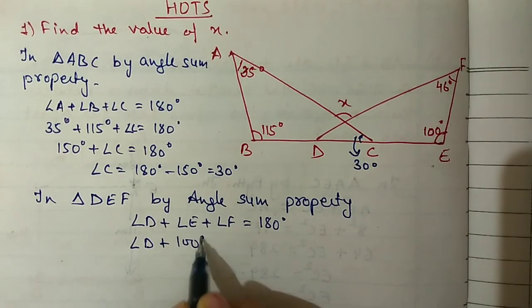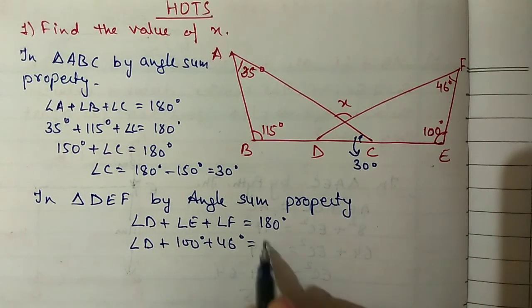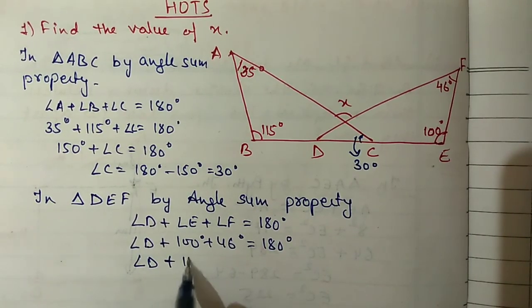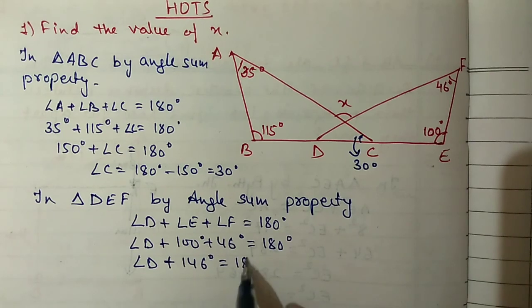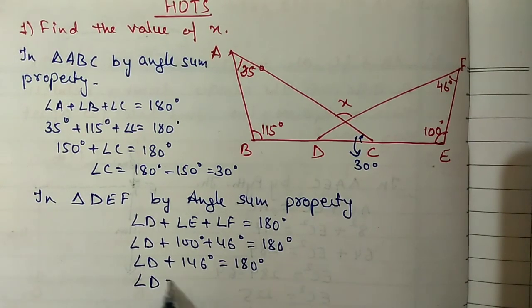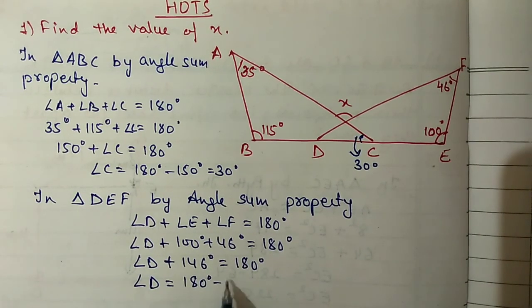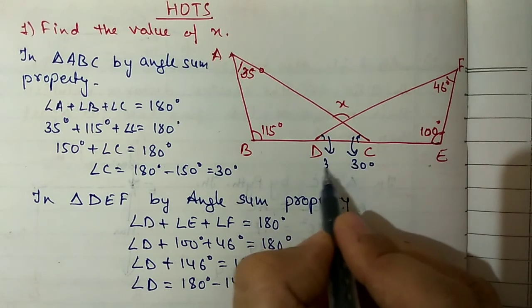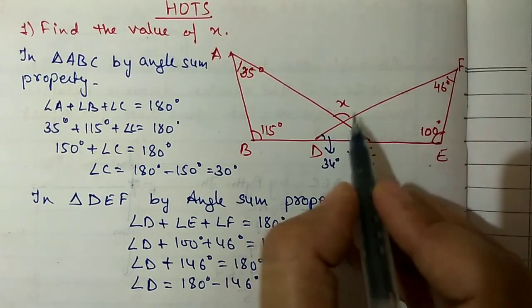E is given 100 and this is 46 equal to 180 degree. Angle D plus 146 equal to 180. 146 shift another side. So 180 minus 146 will be 34 degree. This is 34 degree. Now in this small triangle you give here some name.